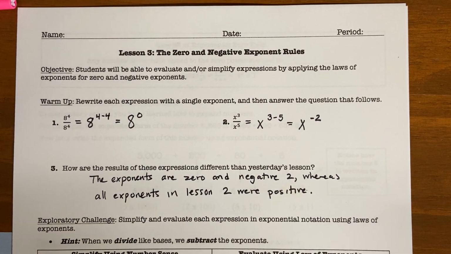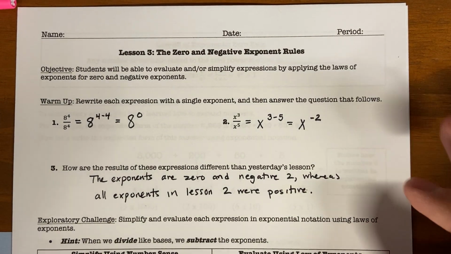So when we have exponents that are 0 or negative, there are going to be different rules that apply, which we're going to explore today.